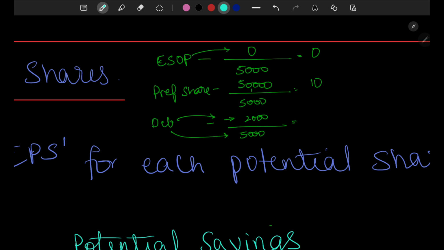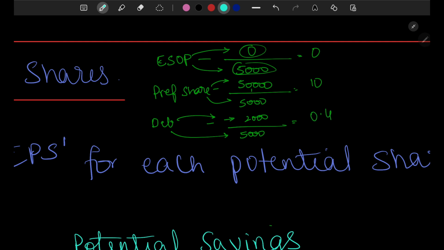For ESOP, savings is always 0, and potential conversion is however much they've given in the question. In case of preference shares, there will be potential savings in the form of preference dividend and potential equity shares also. So 2,000 divided by 5,000 will be 0.4.